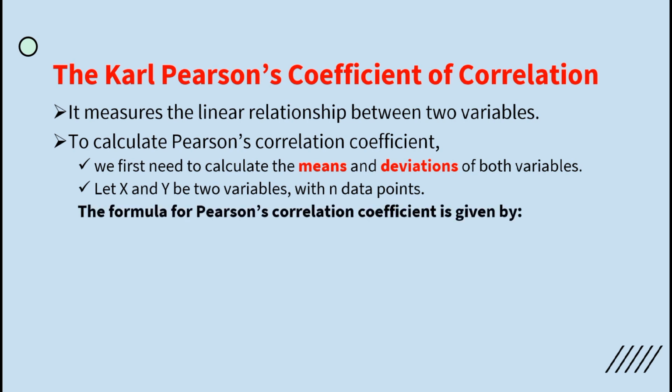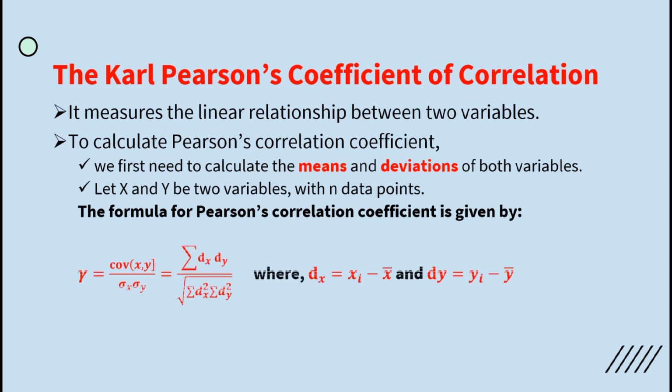The formula for Pearson's correlation coefficient is given by R is equal to covariance of xy all over the covariance of x multiplied by covariance of y, which is equal to the summation of dx dy all over the square root of summation of dx squared multiplied by summation of dy squared, where dx equals xi minus x bar and dy equals yi minus y bar, where i equals 1, 2, up to n.